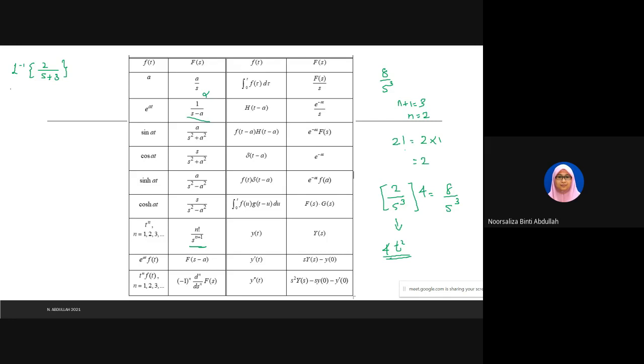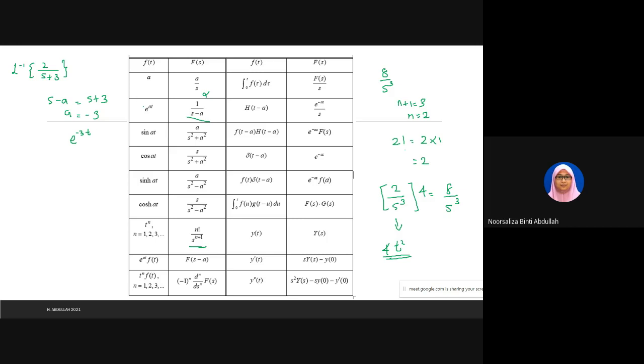So here you have S minus A equals to S plus 3. Then your A is minus 3, right? Your A is minus 3. So you have an exponent minus 3t.